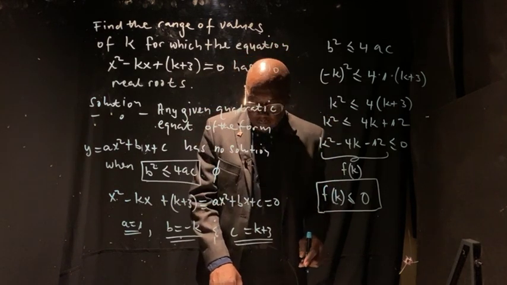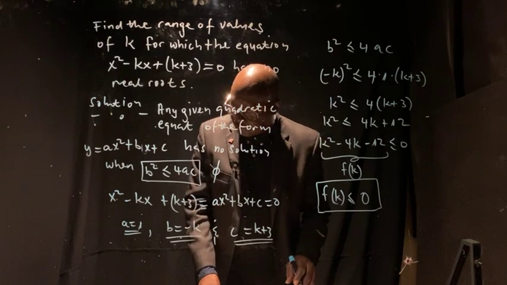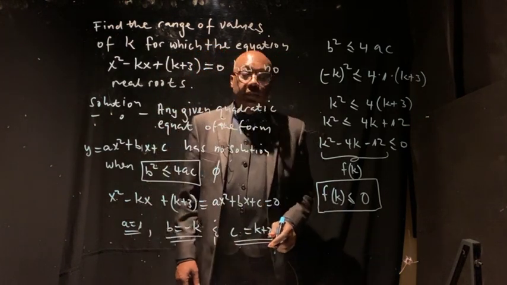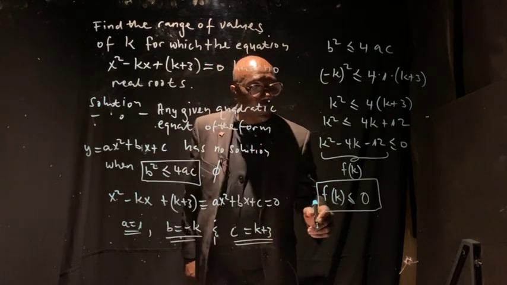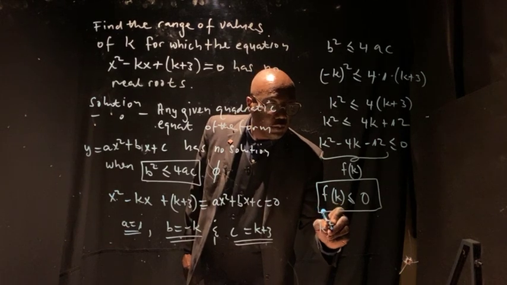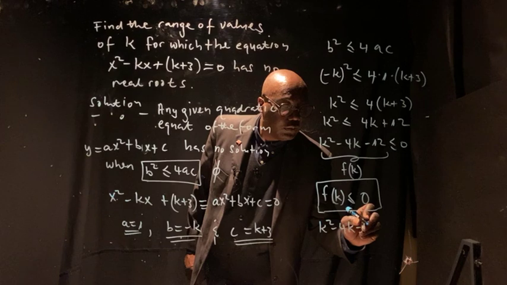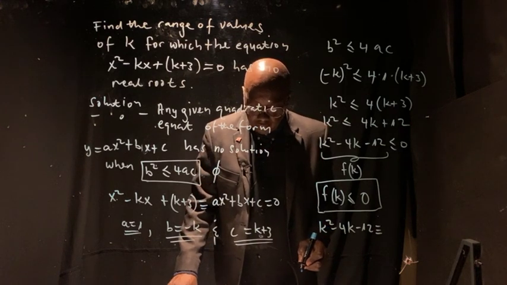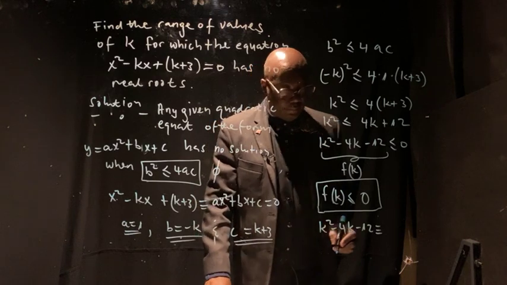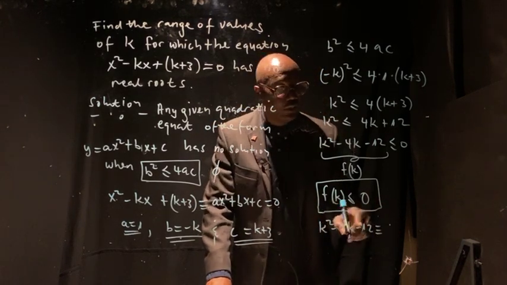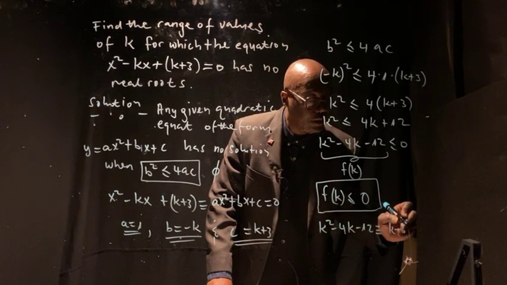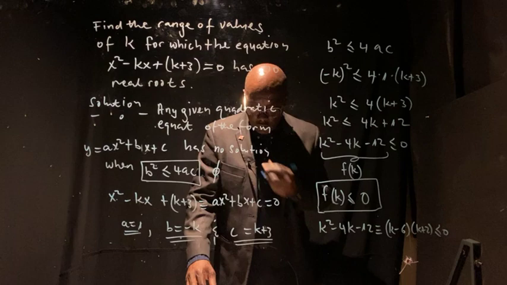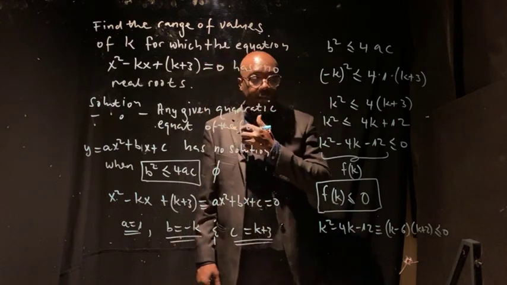Factorizing this quadratic equation, k squared minus 4k minus 12 is very much identical to, if you factorize this one, it becomes k minus 6 times k plus 2 is less or equal to 0. Or you can say that, yeah.